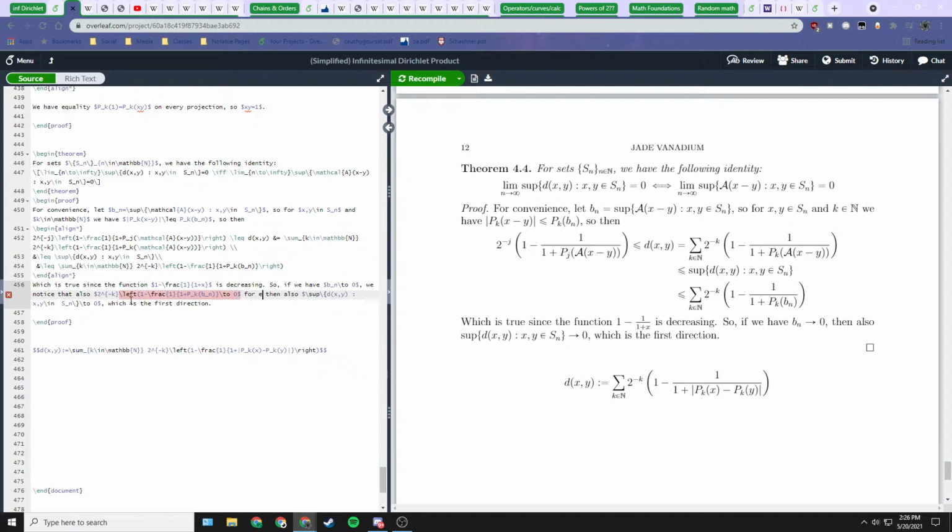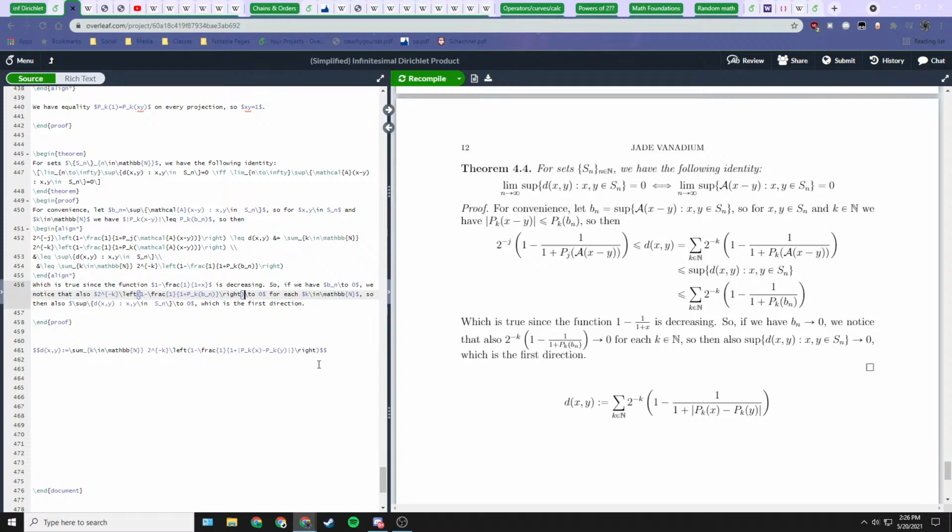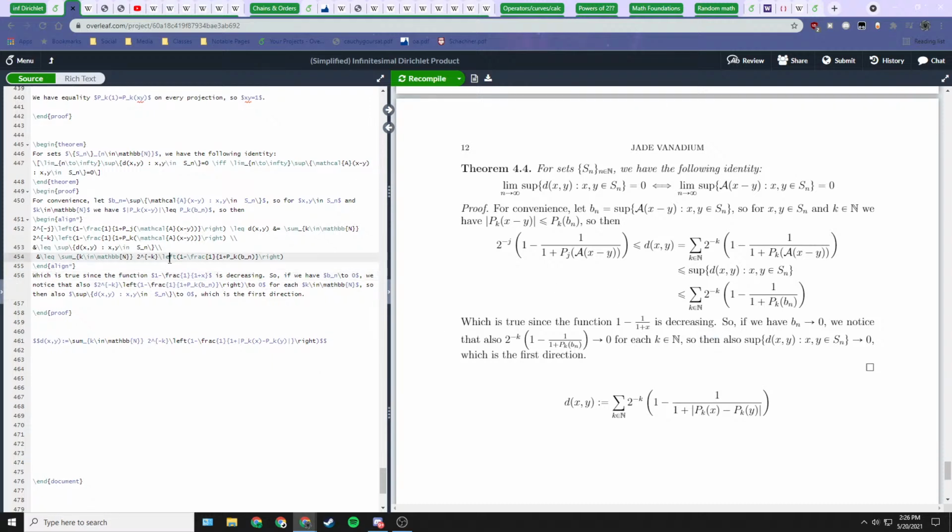If we have b sub n tending to 0, then this tends to 0 for each k, so that this summation tends to 0.